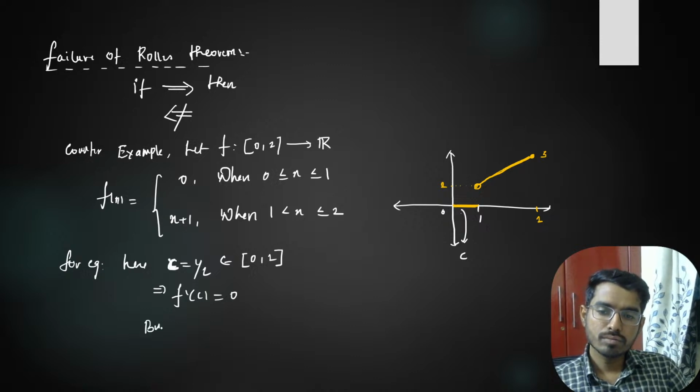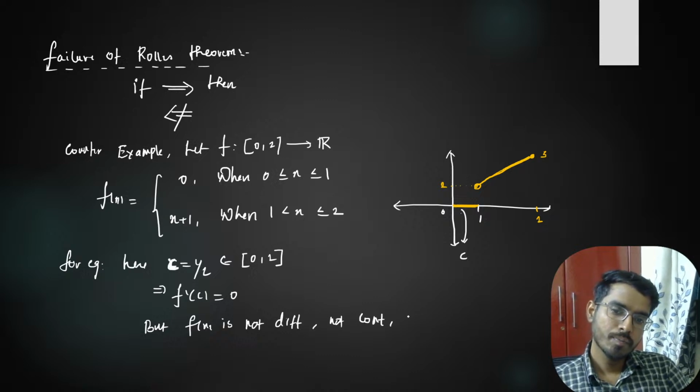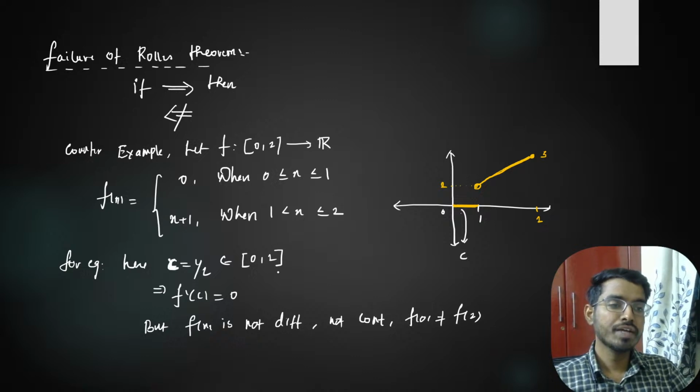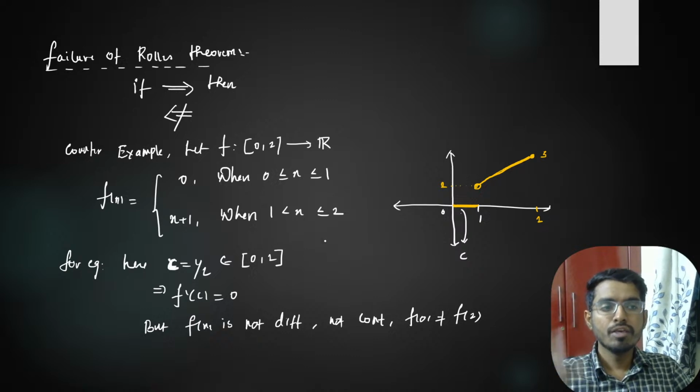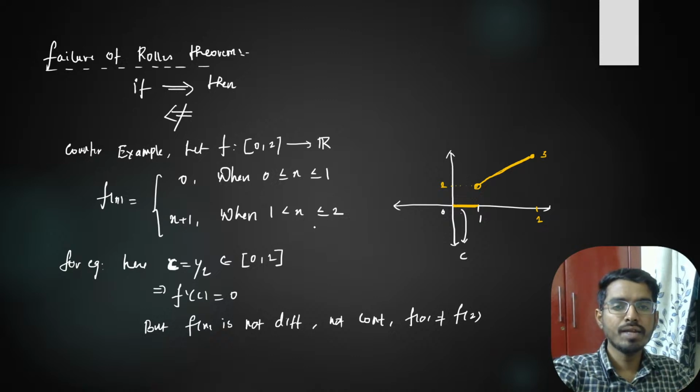But you can see your f of x is not differentiable because it has a sharp edge here. It is not continuous also, and f of 0 is also not equal to f of 2. You can see all three conditions fail, but even though I can find a point C in the interval a comma b whose derivative is 0.